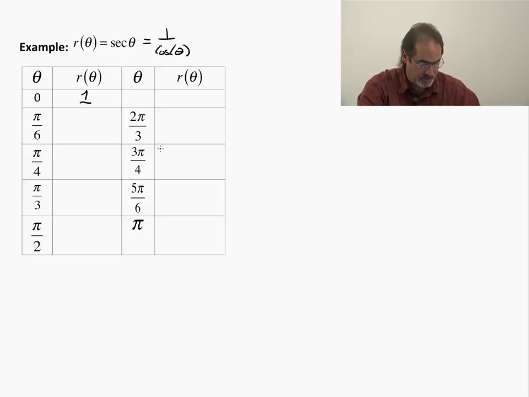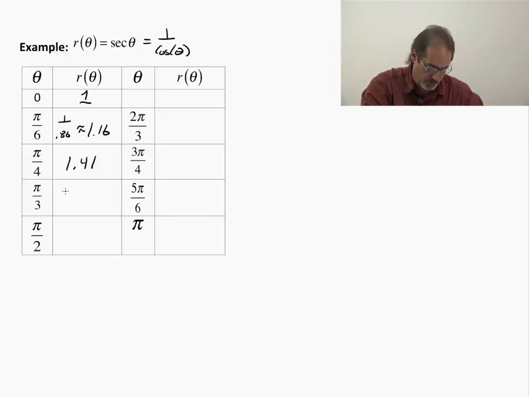Secant of pi over 6 is 1 over root 3 over 2, which is approximately, let's say, 1 over roughly 0.86, which is about 1.16-ish. At pi over 4, I have 1 over root 2 over 2, which is 2 root 2 over 2, or just root 2, which is 1.41-ish.